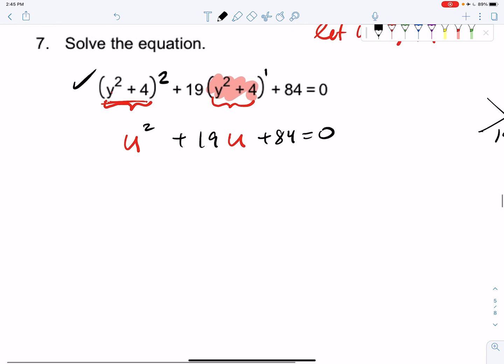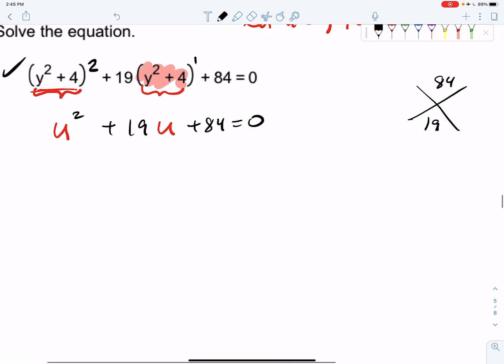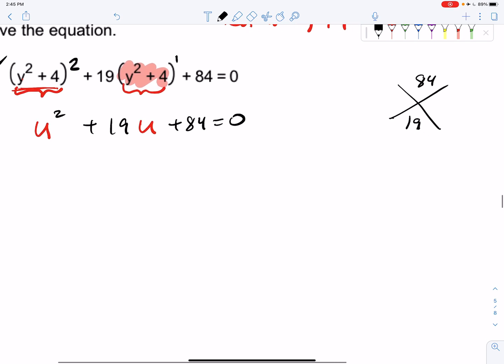As we think about this, you can see if you can hone in right to the answer, or you could just systematically go through 1 times 84 and write down the list. That probably is a little bit longer than you need to. I'm going to multiply 2 numbers to get 84, and they have to add to 19. Well, 1 and 84, 2 and 42, that's not going to happen.